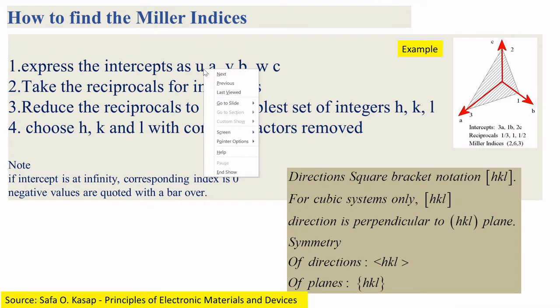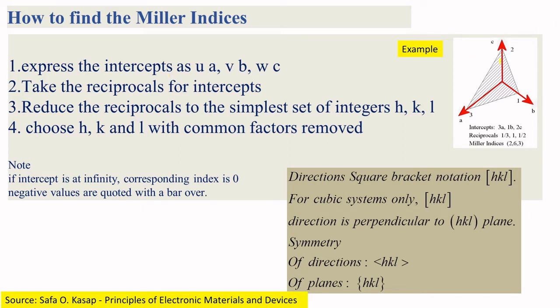When you go for a plane, this is a plane for the particular unit cell. If you take this unit cell, this is a plane. First, you want to express the intercepts.